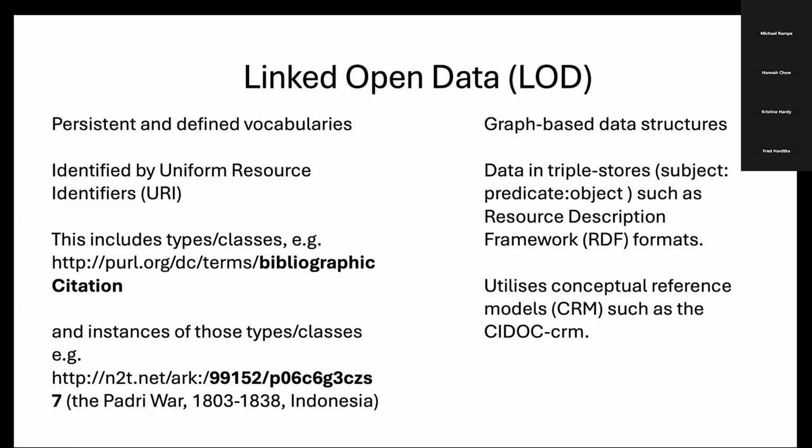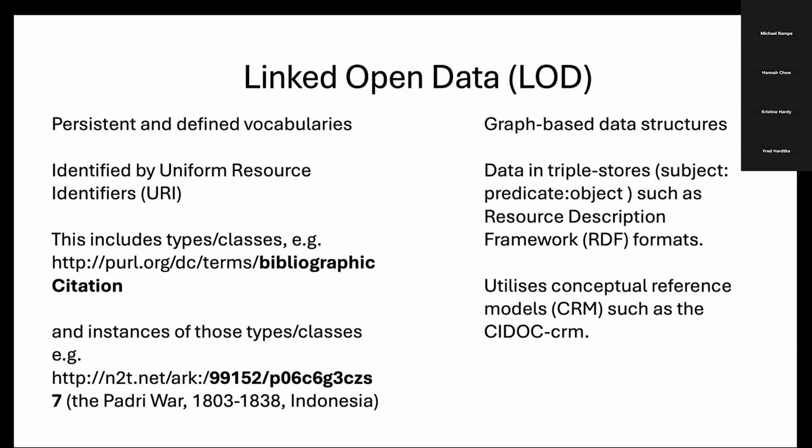And while I was presenting this database overseas, especially in Europe, where linked open data is more popular, someone said, well, have you thought about making the database linked open data? Linked open data uses persistent and defined vocabularies. These terms have to be identified by URIs and URLs, so website addresses, and they include classes like bibliography, like your citation references, and instances of classes like a war.